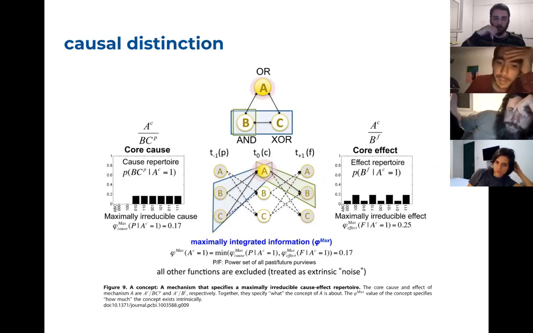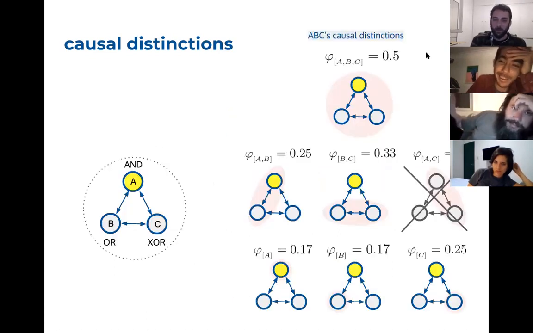Yeah. So now you repeat that for the power set of the parts. And then you find out that you have higher order mechanisms, but A and C is reducible to B and C. So in this case, this is an interesting system.